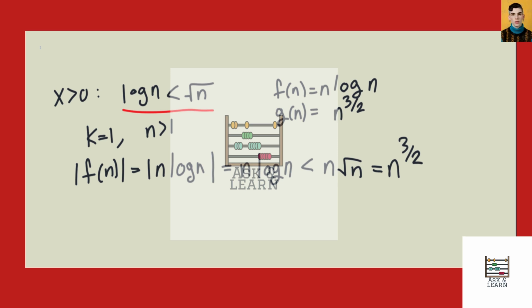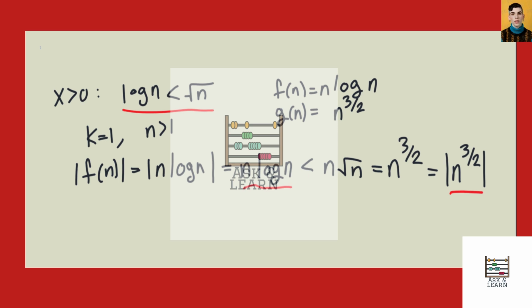Which, again, since n is positive, must be equal to the absolute value of n to the 3/2. Okay, so that tells us that n log of n is going to be less than this n to the 3/2, right?